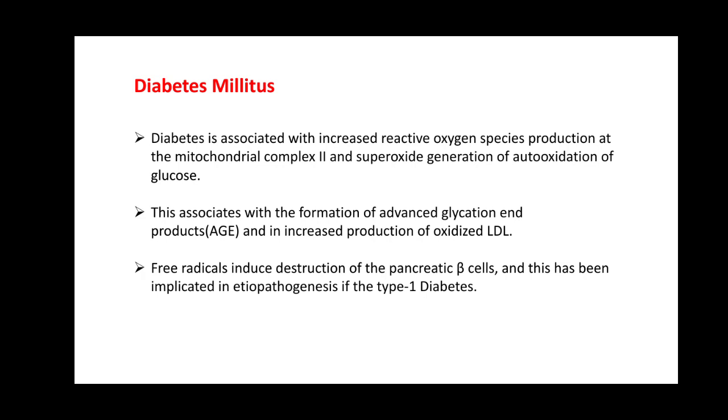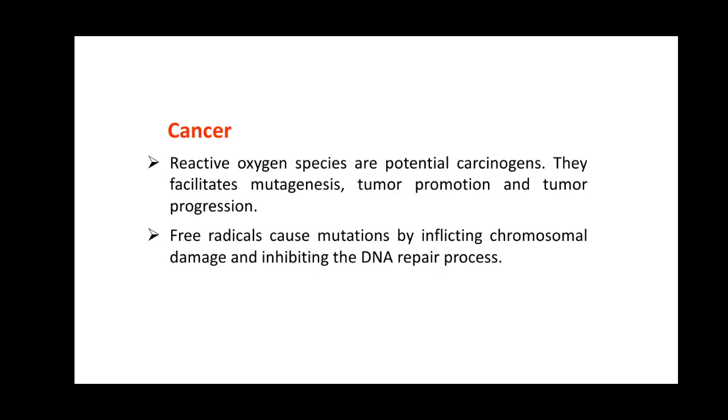And diabetes mellitus is associated with increased reactive oxygen species production at the mitochondrial complex 2 and superoxide generation by autooxidation of glucose. This is associated with the formation of advanced glycation end products and increased production of oxidized LDL. Here the free radicals induce destruction of the pancreatic beta cells, which synthesize insulin, and this has been implicated in the etiopathogenesis of type 1 diabetes.